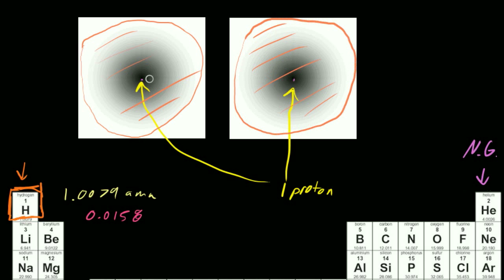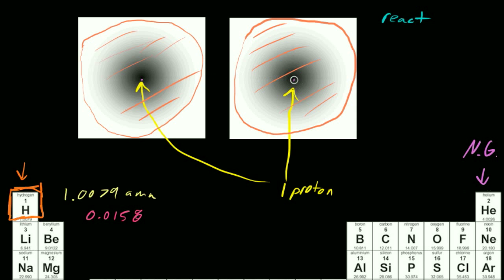So essentially, we've got two different hydrogen atoms. Now let me ask you something. If these two atoms were going to react, what part of the atom is going to react?